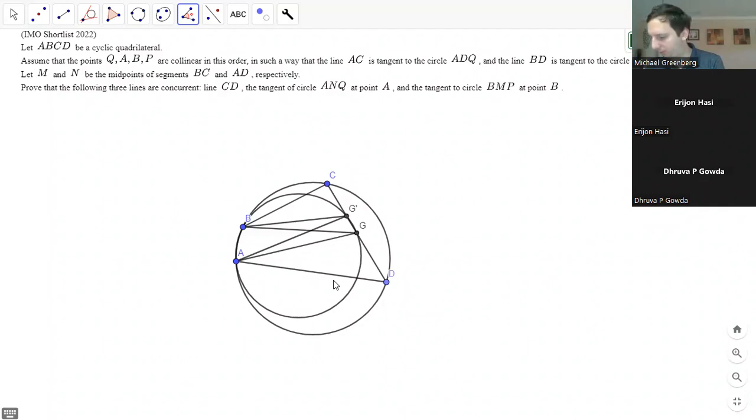Sine G prime BC over CG prime, sine C over BG prime, and sine of GAD over GD is equal to, let's see, that would be sine of AGC over AB.